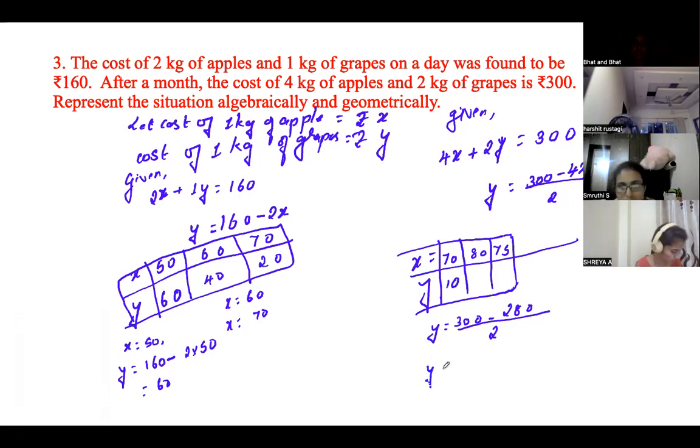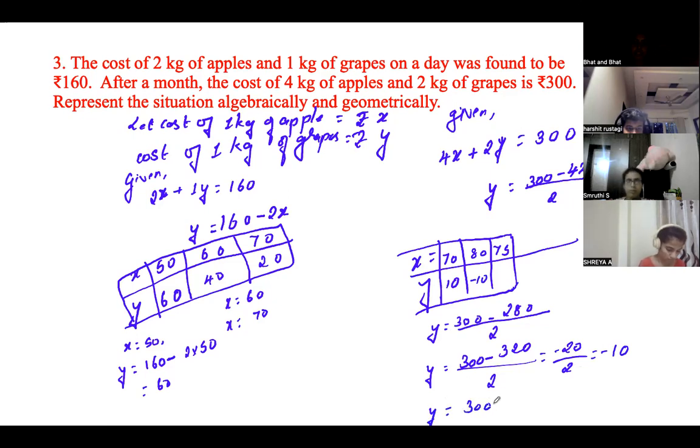Okay, next. So the next one, y is equal to 300 minus 4x. That is 4 into 80, 32, so 320, divided by 2, correct? So this will be again 20 upon 2. So how much is that? Minus 20 divided by 2, so that will be equal to minus 10. Next, we have taken 75. So y is equal to 300 minus 4 into 75.